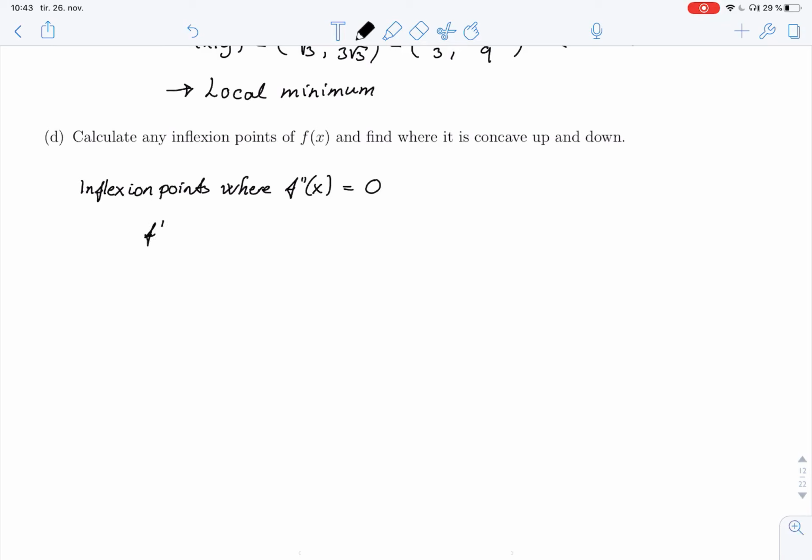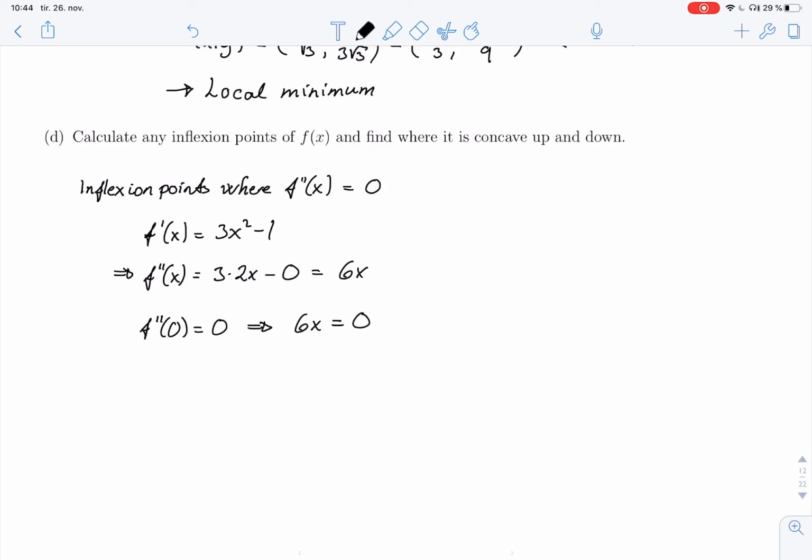So if we have the first derivative equal to 3x squared minus 1, the double derivative would be 3 times 2x minus 0, so it's 6x. So if we set f second derivative to 0, then 6x has to be 0, so x has to be 0.